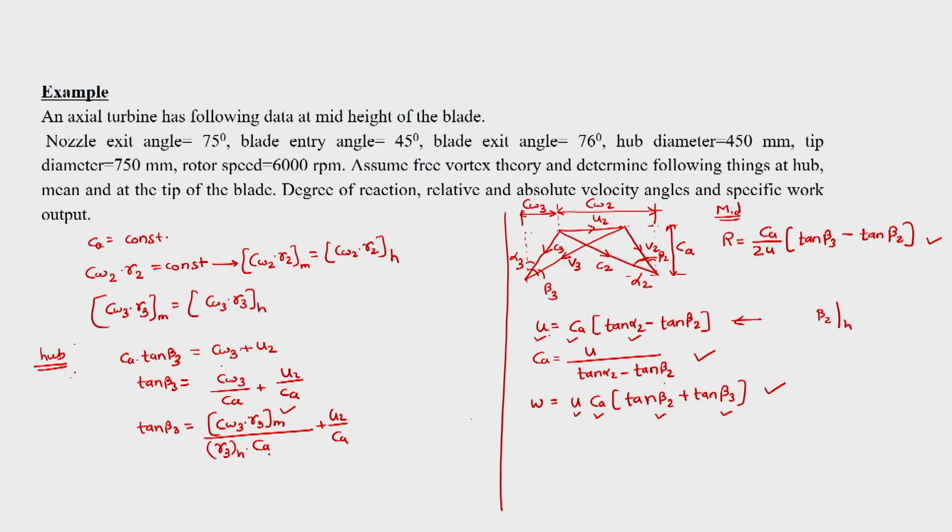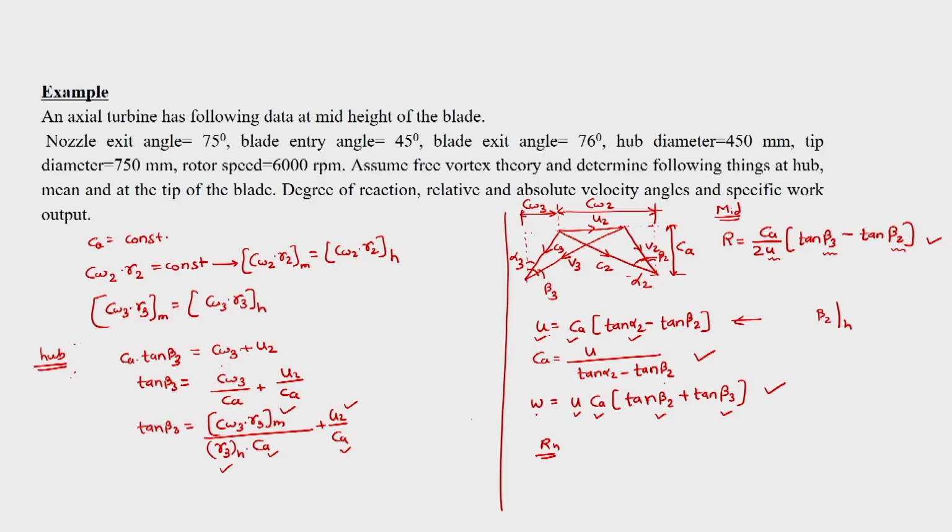So we know this, we know this, we know this. U is pi dn by 60 for the hub, and then we know Ca, so we know beta 3. So knowing beta 3, we can use this formula R is equal to Ca upon twice U into tan beta 3 minus tan beta 2. Here beta 3, beta 2 correspond to hub now, and this U also corresponds to hub. So we can find out R at hub.